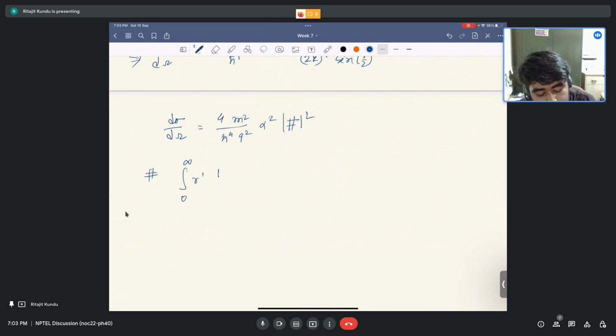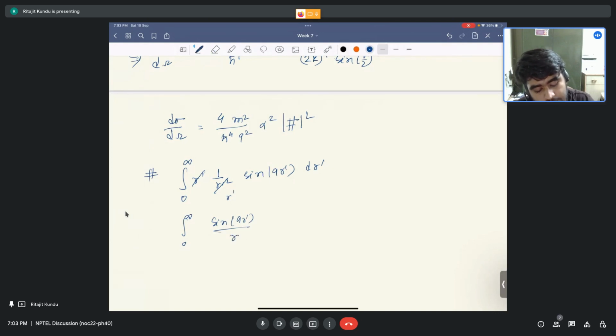V has 1/r², r prime squared, and then there is sin(qr′) and dr′. We see that one r cancels, so we are left with sin(qr′) over qr′.